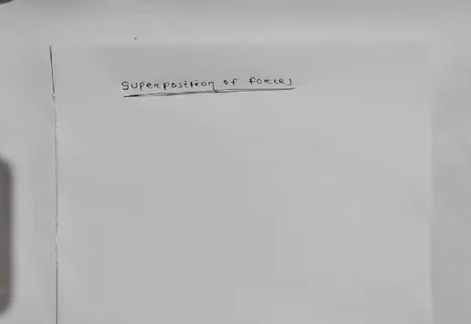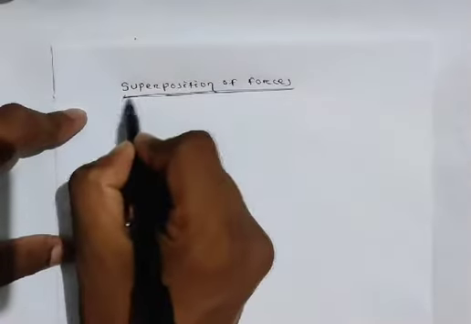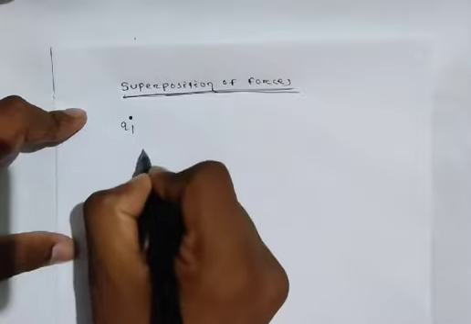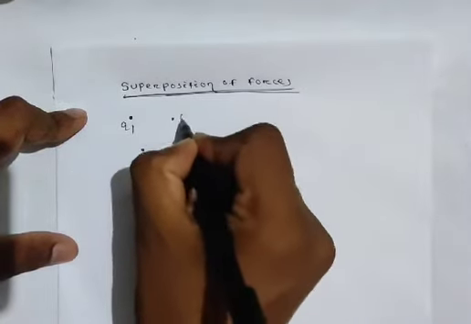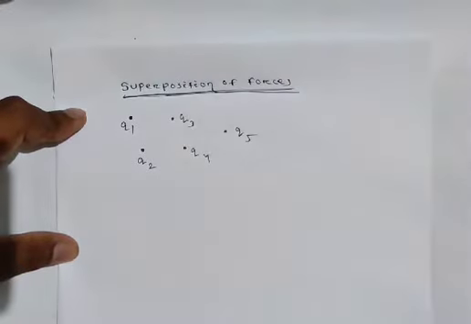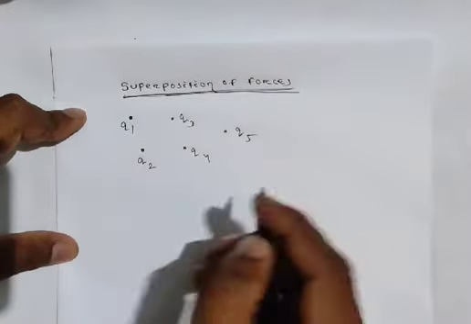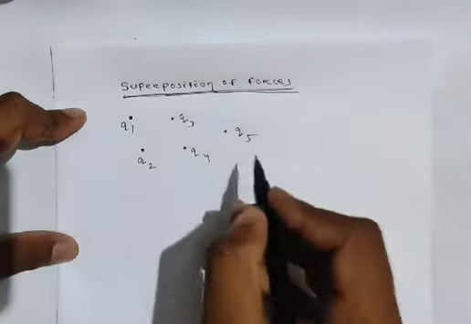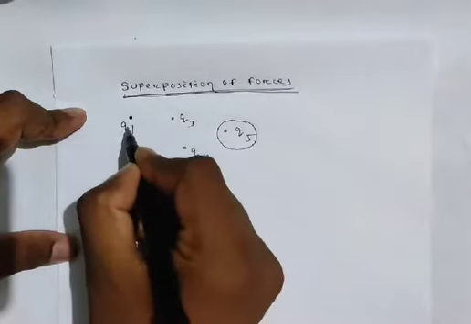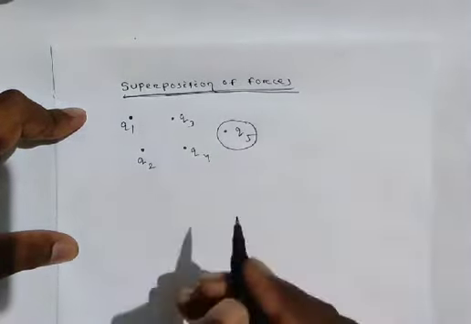So today we shall discuss various problems associated with the superposition of forces. Let me explain what superposition of forces is. According to the superposition of forces, if there are many charges Q1, Q2, Q3, Q4, Q5, then the net force on a given charge due to other charges, say the net force on Q5 due to the other charges Q1, Q2, Q3, Q4, will be what?